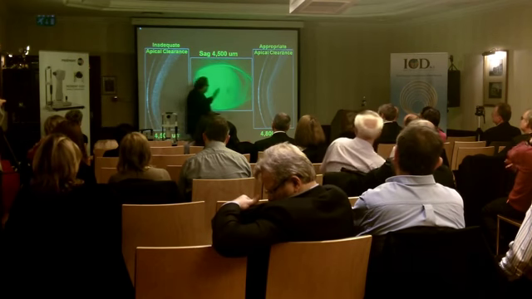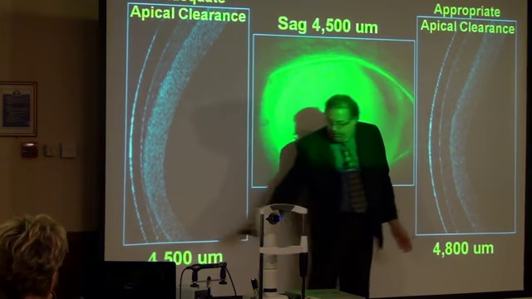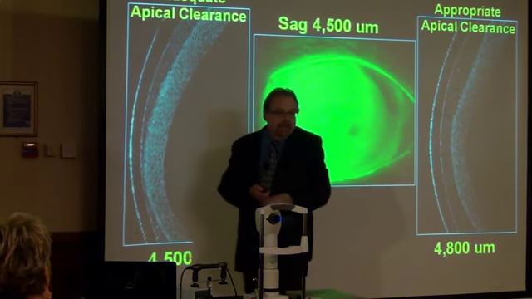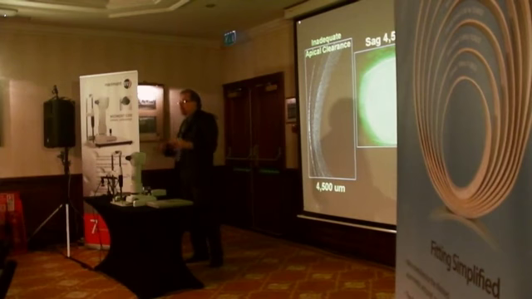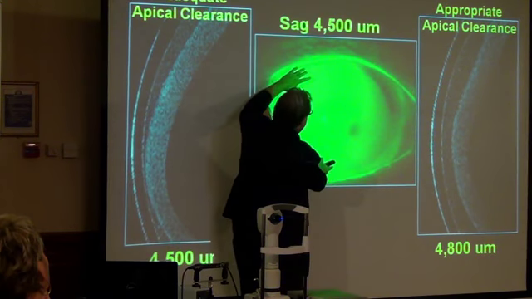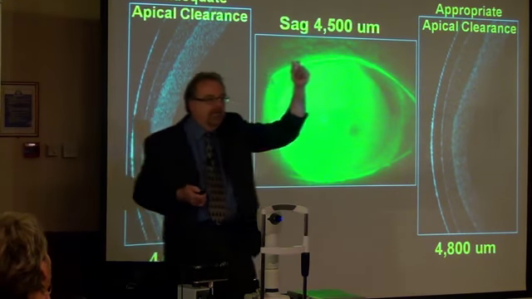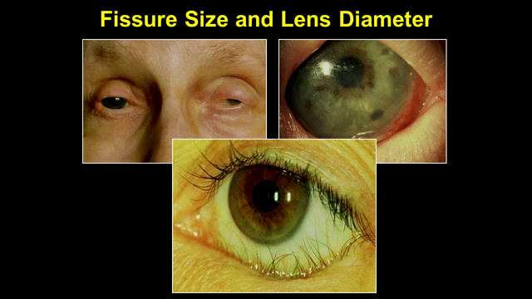So now I'm going to overshoot that by 300 microns and create my sagittal depth. You see, that's how simple it was. I placed a diagnostic lens on the eye, made the decision that quick that I needed additional sagittal height.